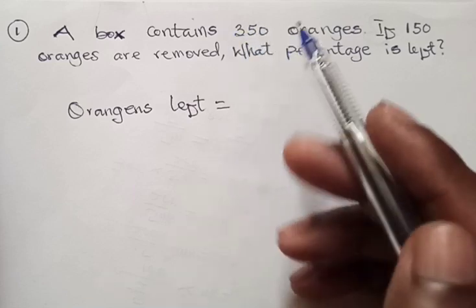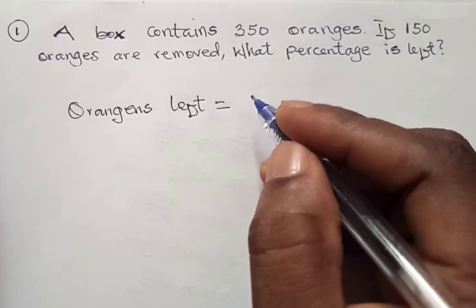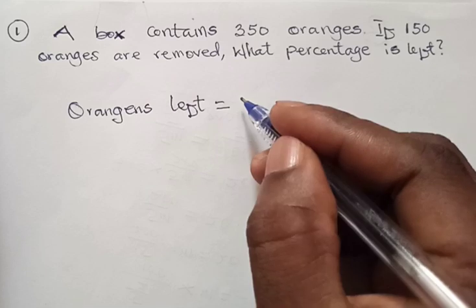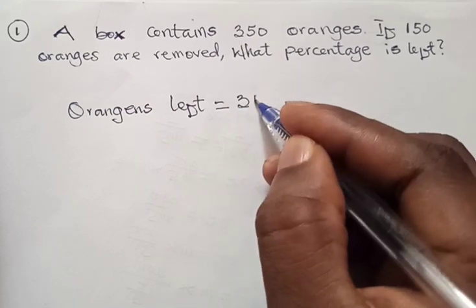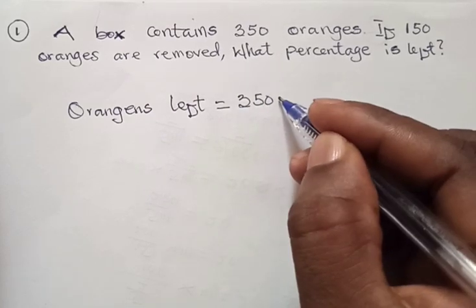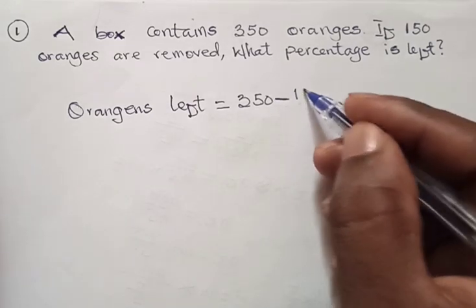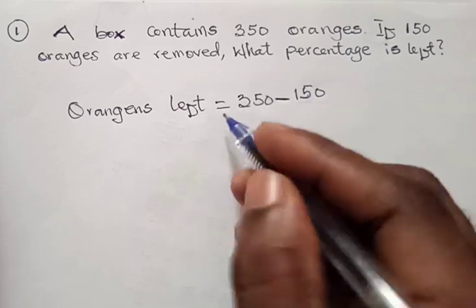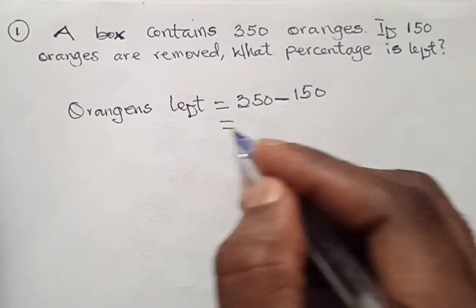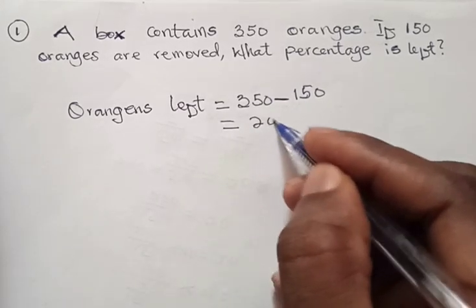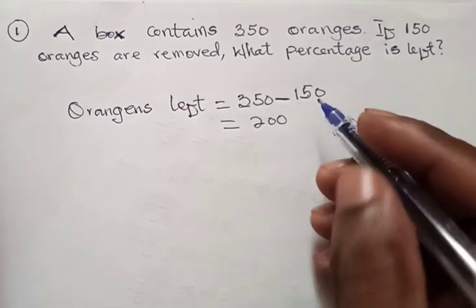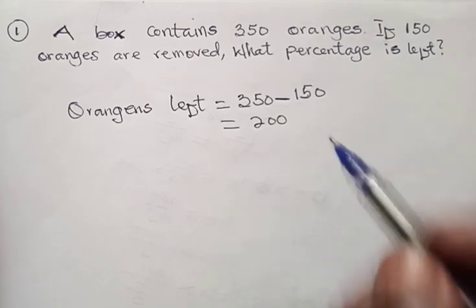The total number of what? Oranges. So the total number of oranges is what? 350, and the number of oranges removed is what? 150. Great. So this gives us what? 200 oranges left. Okay, good.